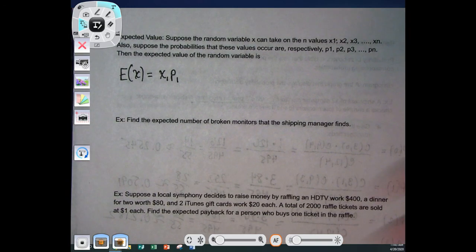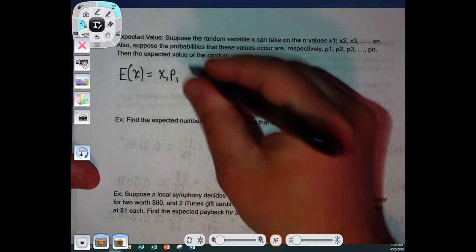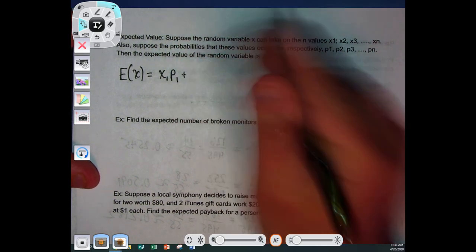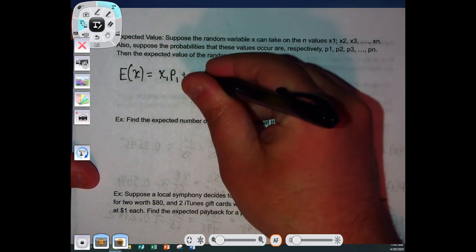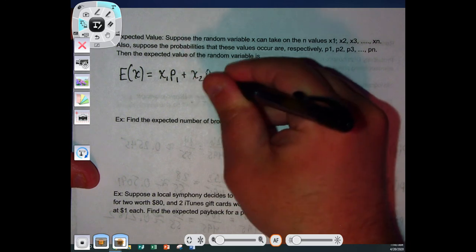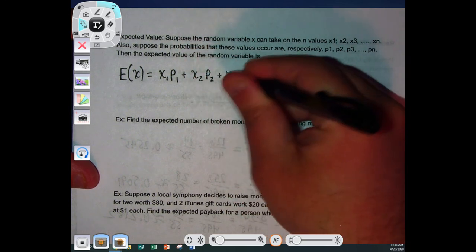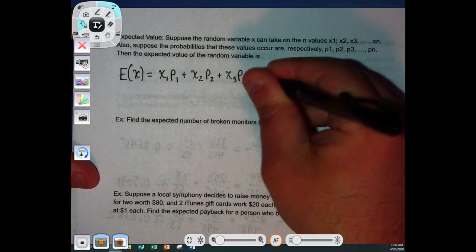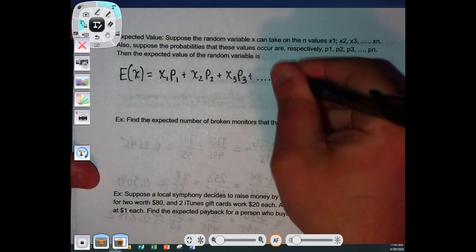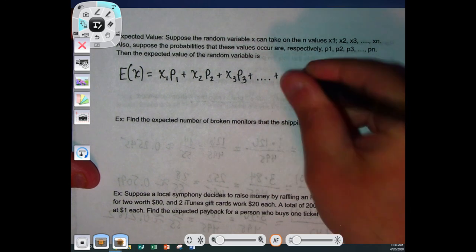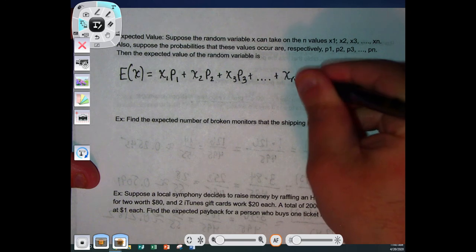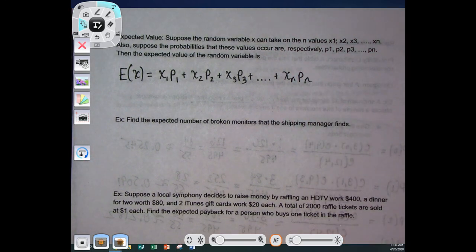Once we've done that, we take all these values and add them together. So here it'd be x1 times p1 plus x2 times p2 plus x3 times p3 plus ... plus x of n times p of n, however many you have.